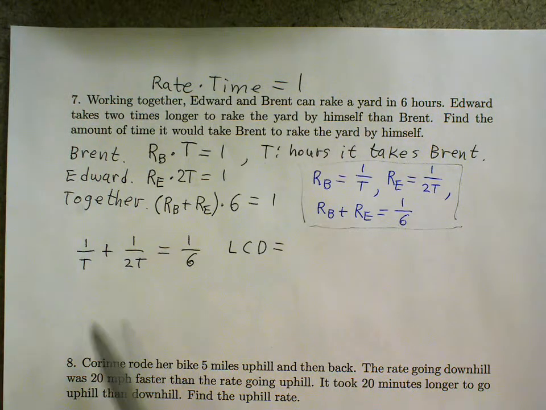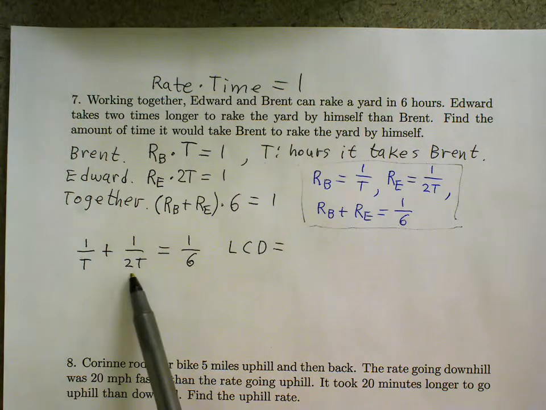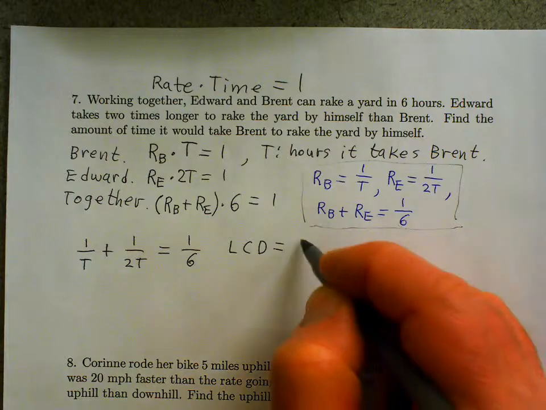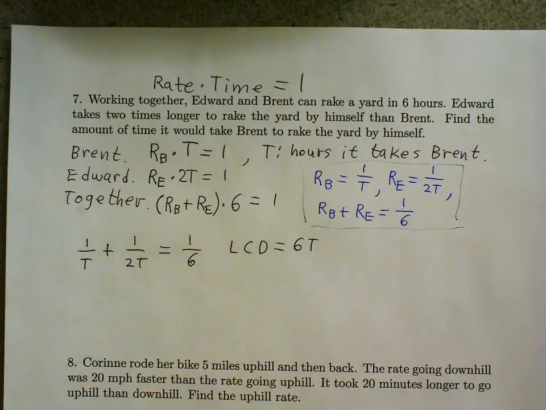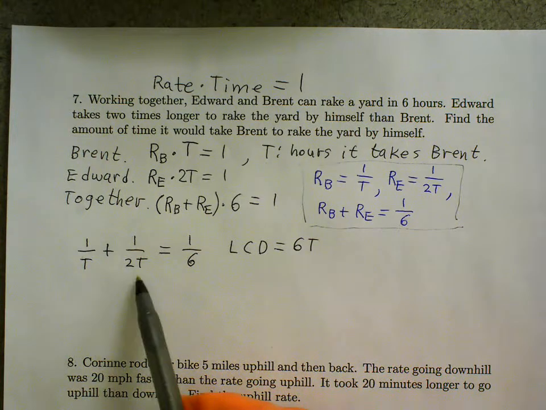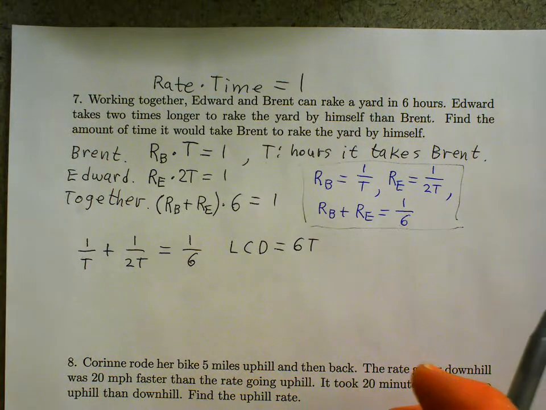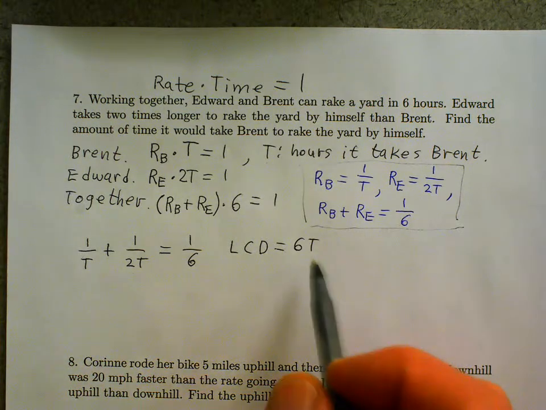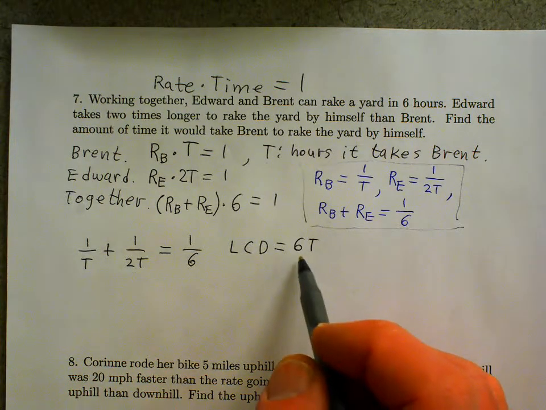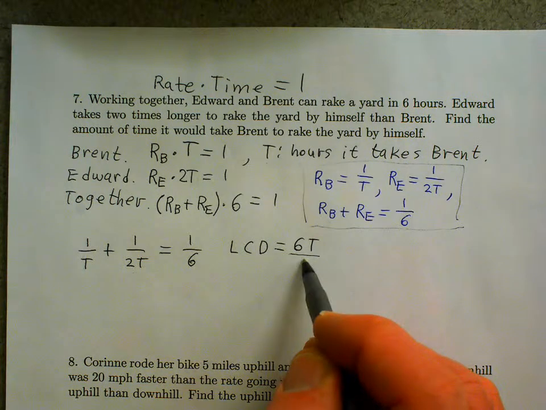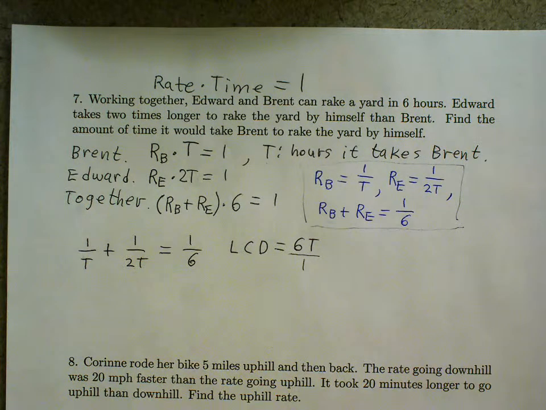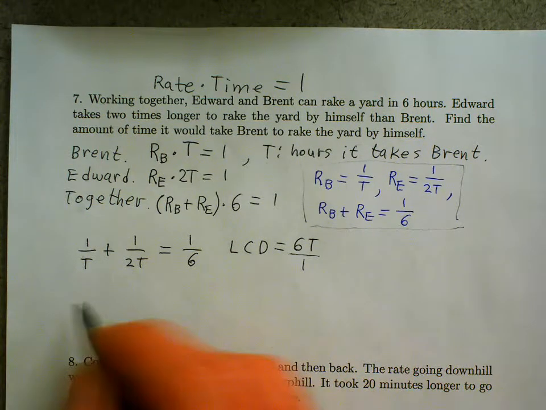The least common multiple of t, 2t, and 6 is 6t. Okay, so we multiply every term on both sides by 6t. To avoid confusing numerators with denominators, you can think of 6t as 6t over 1, if that helps. So multiply every term on both sides by 6t over 1.